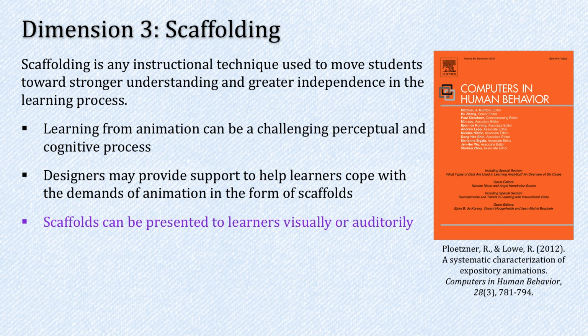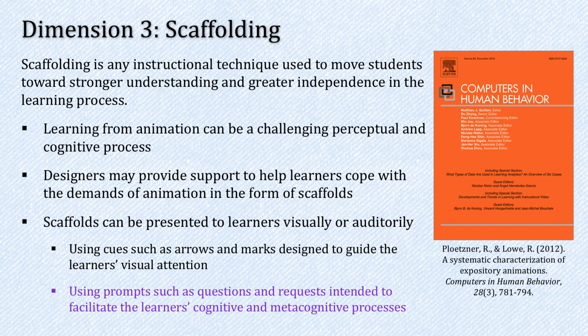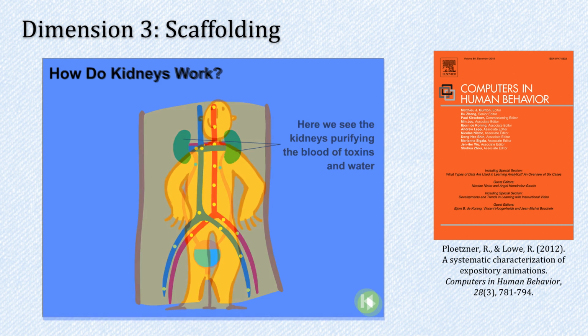So let's take a look at some examples. Using cues such as arrows and marks designed to guide the learner's visual attention, that's an example of a scaffold. Or using prompts such as questions and requests intended to facilitate the learner's cognitive and metacognitive processes is another example of a scaffold. So let's take a look here.